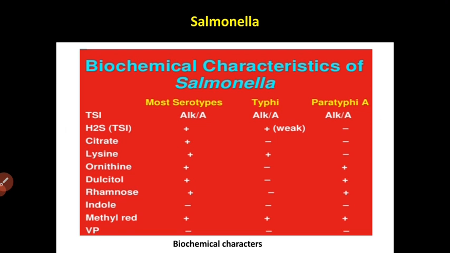I told you, MVIC is done whenever some coliform group is present. So here you can see citrate, indole, methyl red, VP. Got it?